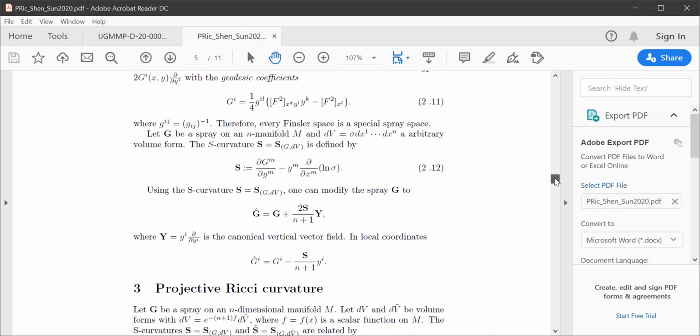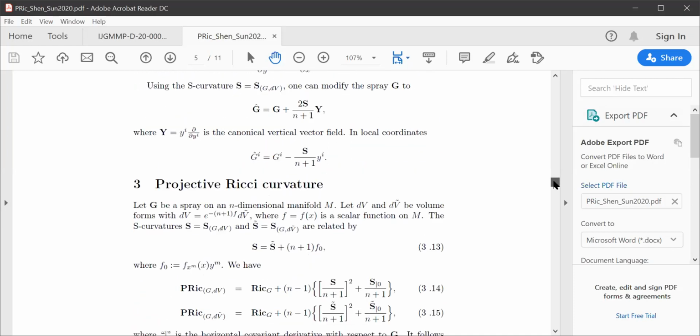The so-called projective Ricci curvature is defined to be the Ricci curvature of the G hat, but you can also express it in terms of the original spray and its curvature.